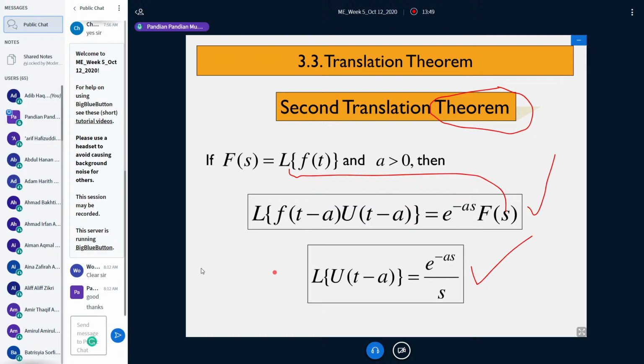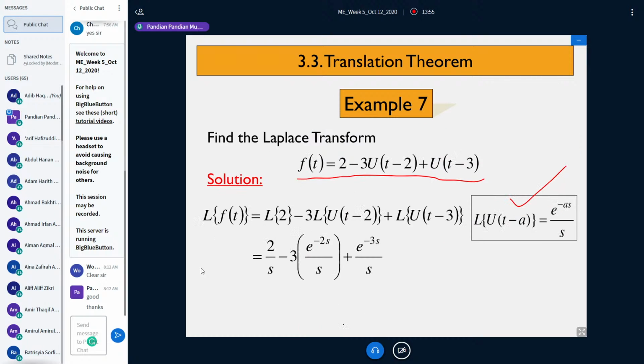So you will be given a table with all the information. So you just have to refer to the unit step function formula. So now there are 3 pieces: Laplace of 2, Laplace of 3 u(t-2), Laplace of u(t-3).